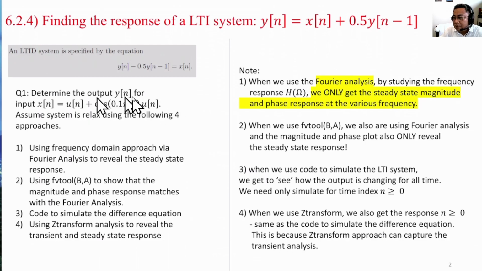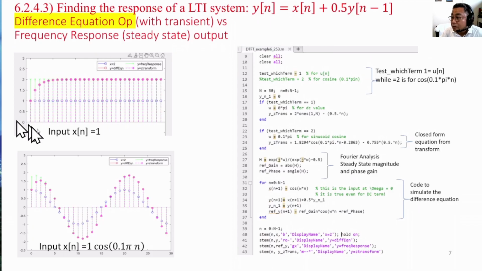So my inputs are causal. Here on the horizontal axis, which is time n equals to 0 to infinity, the input is 0 before that. The blue dots are the input u[n].